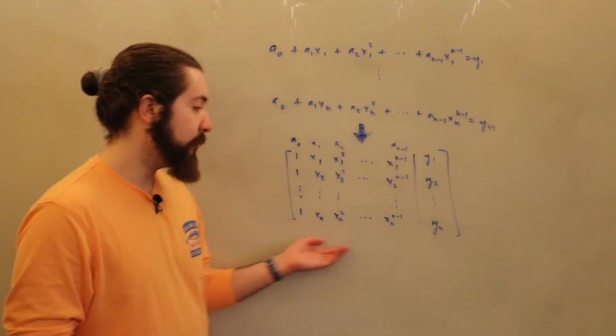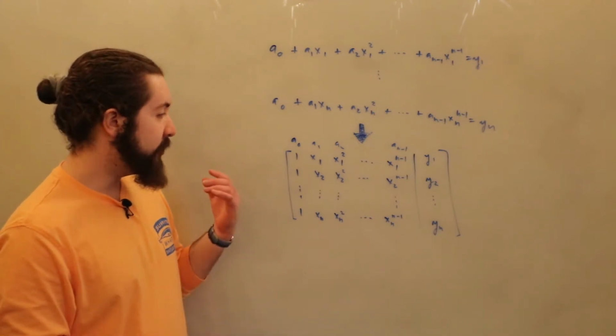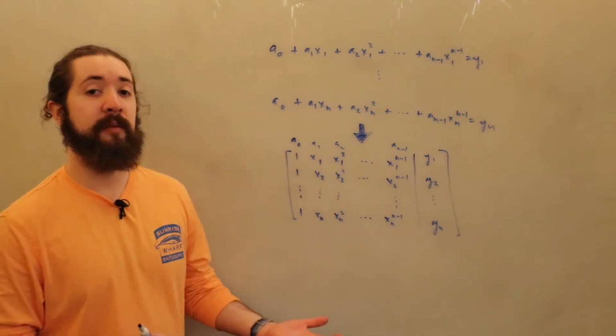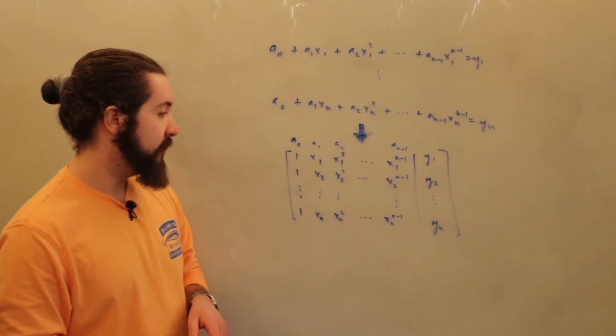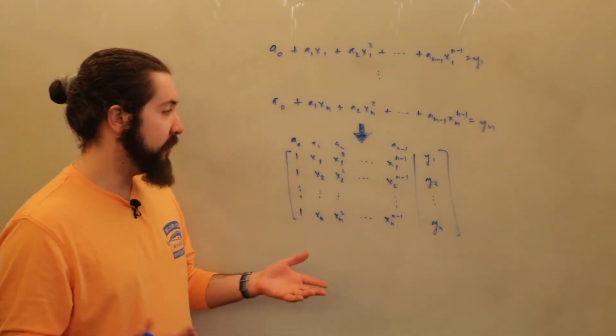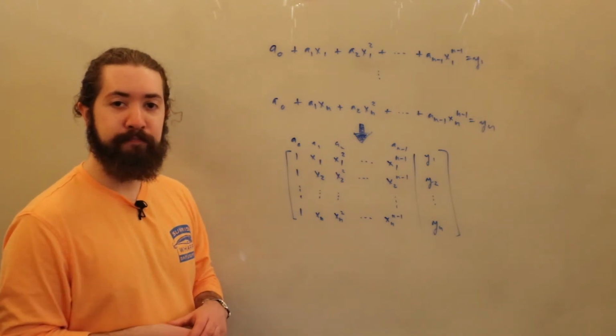Right, so we form the augmented matrix for our system of linear equations as we've been doing, and then you can use your choice of either Gaussian elimination or Gauss-Jordan elimination in order to row reduce and solve this system of equations for these unknown coefficients. Once you've found those coefficients, you plug them into the polynomial and you have your final graph.